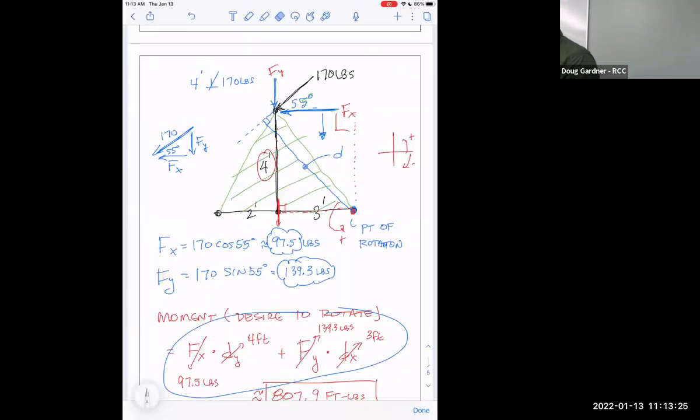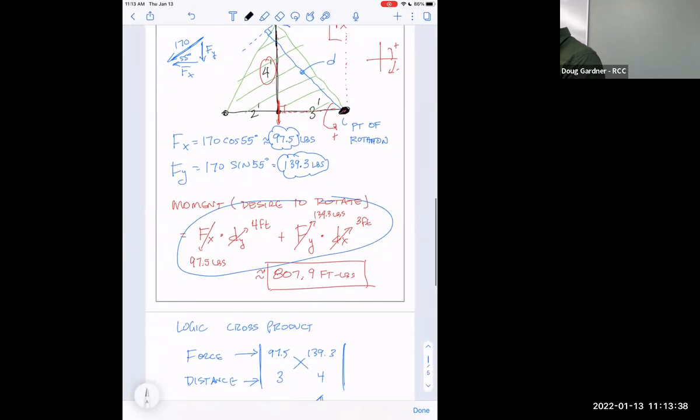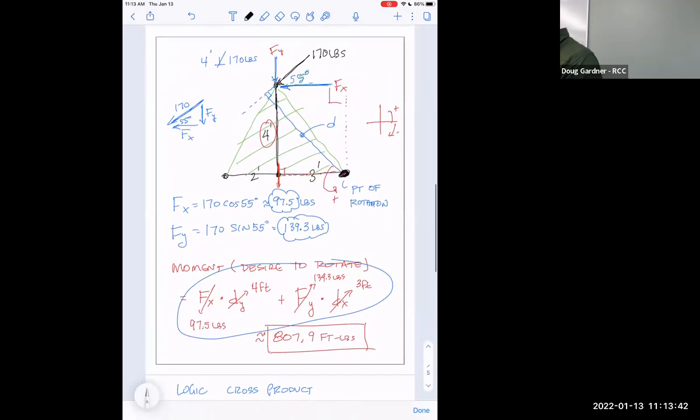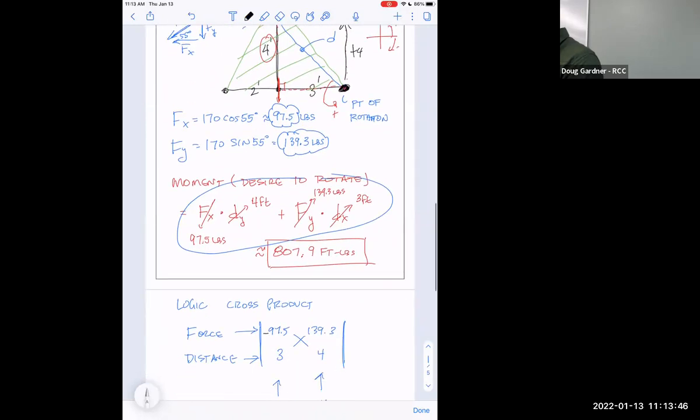So if I'm going to be careful with signs here, then I got to think, okay, everything is happening around point O, that's what it's rotating around. So from that point, does it make sense force X then would actually be negative because it's going left? And then from this point, this is actually up 4, so that's a positive 4. Does that make sense? Am I doing that right?